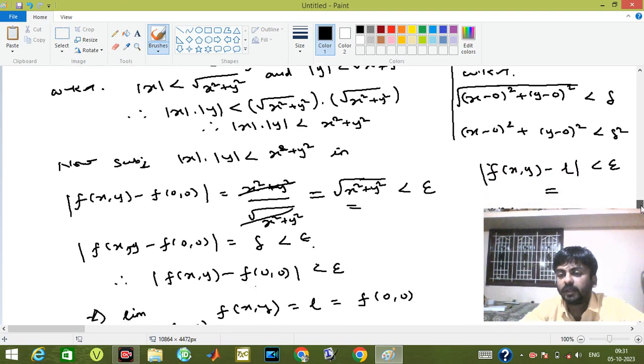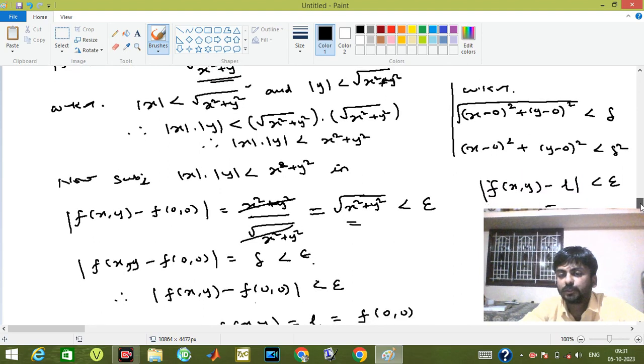But actually what should we get? By definition we should get this: x square plus y square is less than delta square. If this exists, we can bring epsilon. Let's try to solve that. Only by solving can we say whether delta square or delta power 4 is coming.